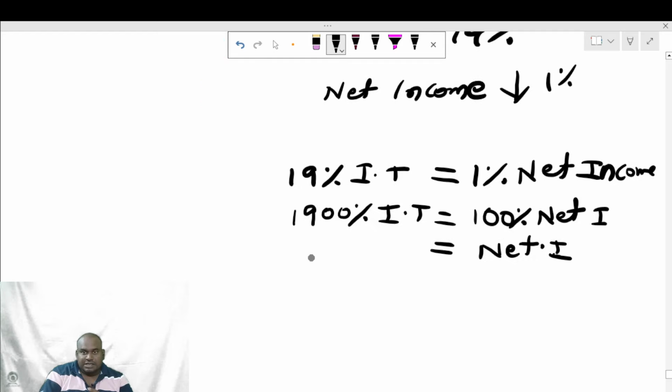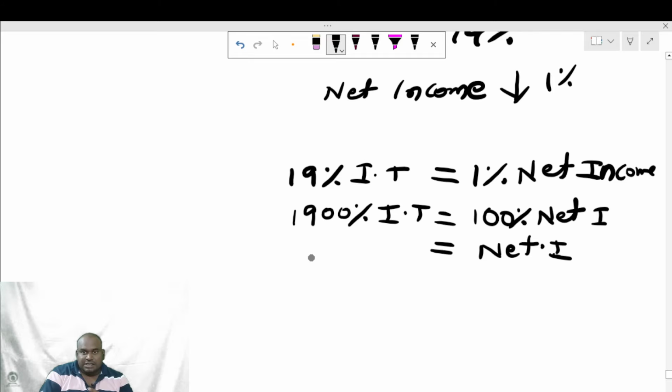To remove the percentage, we have to divide it with 100. So 19 times of income tax is equal to net income.